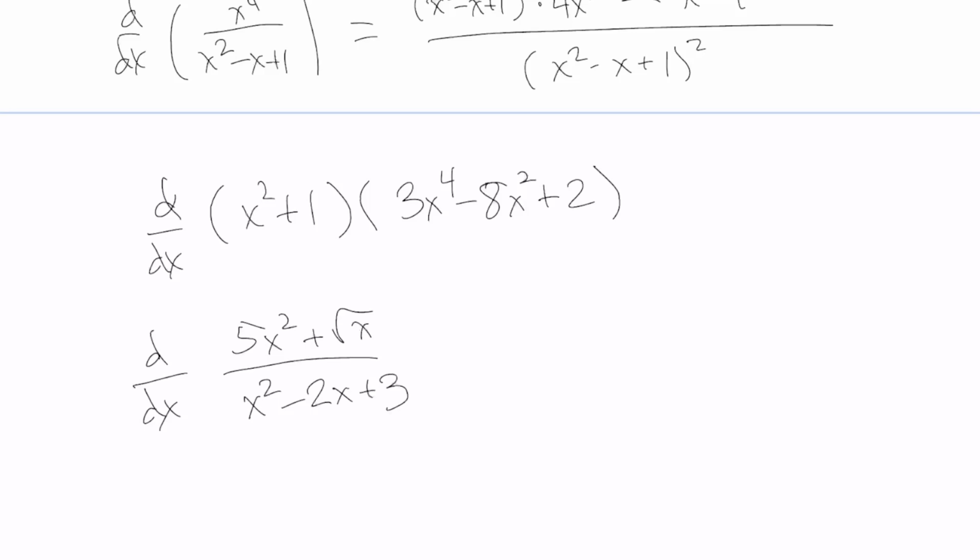Oh, 2 times. Good? And go to the product rule. The first thing times the derivative of the second. Doing good?